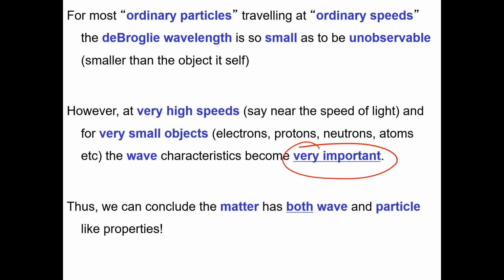So what we're going to see is, just like light, matter is sometimes best explained as a wave, and sometimes it's better to explain matter as being a particle when we're doing calculations concerning its properties and behavior. So it's an interesting phenomenon that we have here. We call this wave-particle duality.